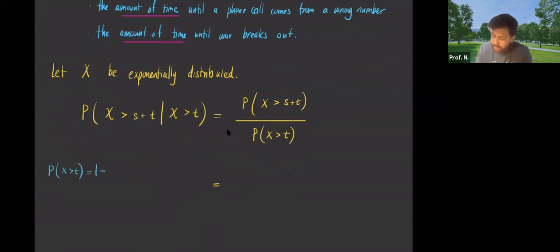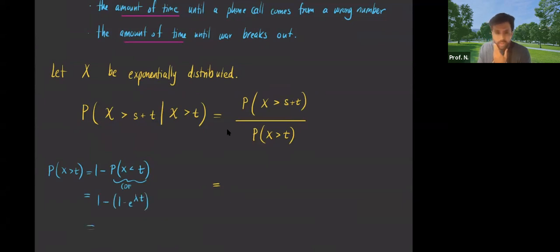Isn't this 1 minus the probability that x is less than or equal to t? Right? Complementary counting. But then isn't this the CDF, the cumulative distribution function of x? And don't we know what that is already? 1 minus e to the lambda t.